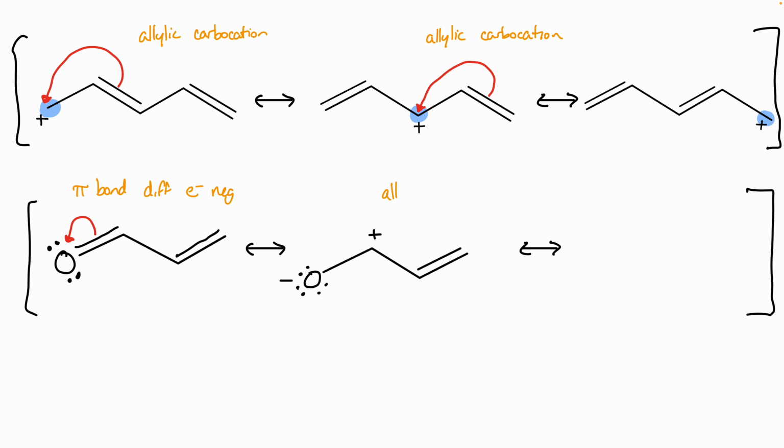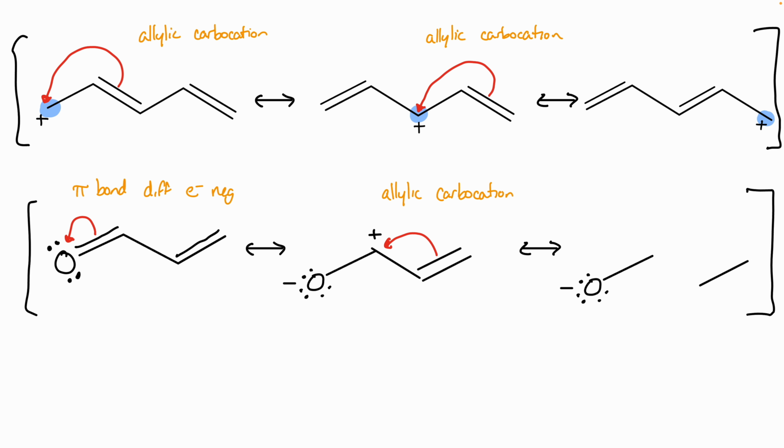This is, again, an allylic carbocation. So in order to get all of my resonance contributors here, I have to consider both of those resonance patterns, where now my double bond and my positive charge have traded positions. All right, so all 3 of these together would be the true structure of this molecule.